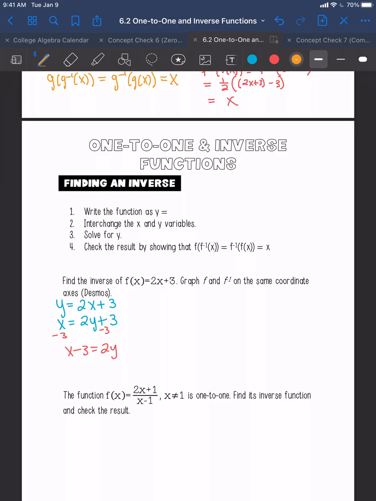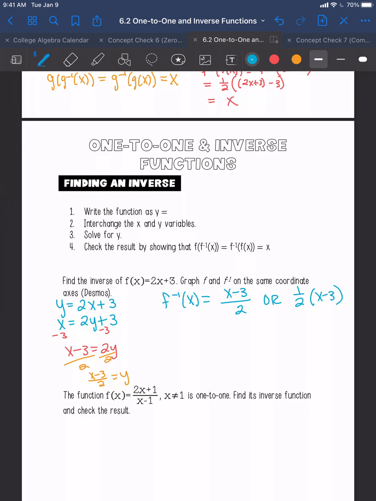Divide everything by 2. That's x minus 3 over 2 equals y. So f inverse of x equals x minus 3 all divided by 2, or that can be written as 1/2 times the quantity x minus 3. Either way is perfectly fine.